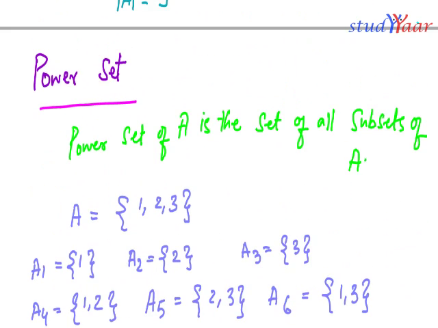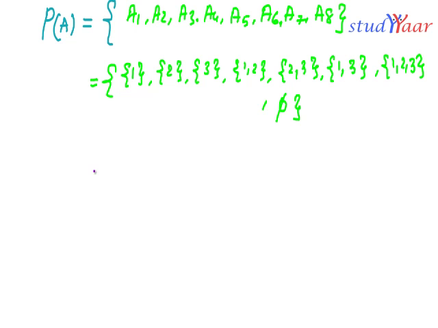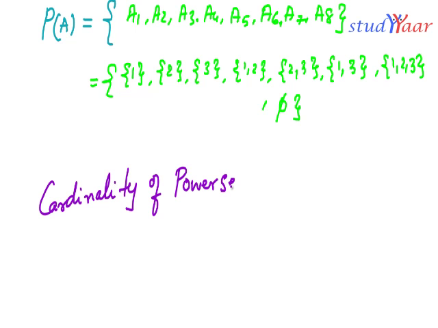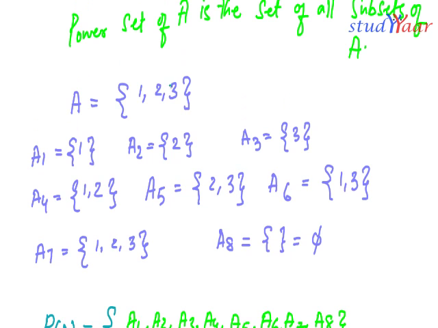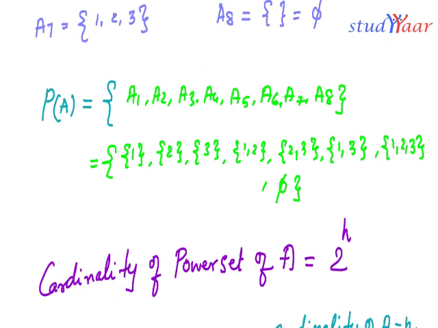Now, one thing that I want to tell you over here is that the cardinality of the power set of A is equal to 2 raised to n, where n is your cardinality of A. As you can see here, my A was having 3 elements, so the power set of A is having 2 raised to 3, which is 8 elements from A1 to A8.